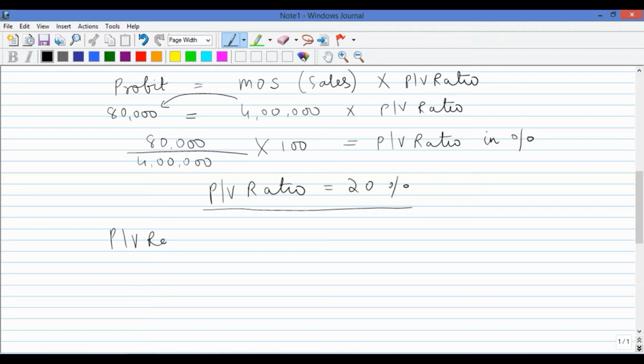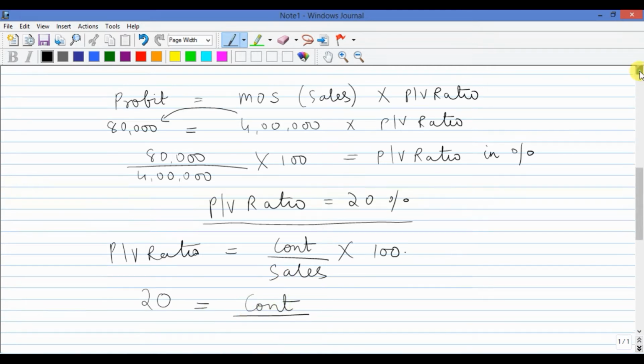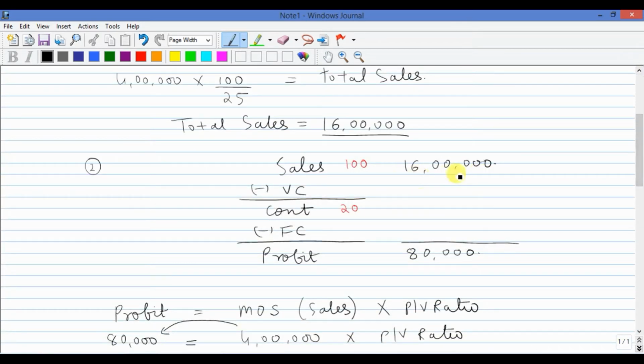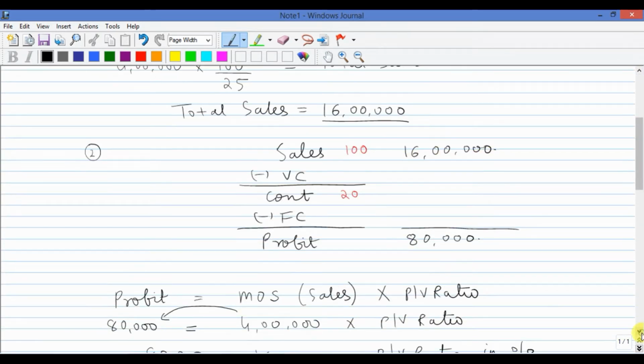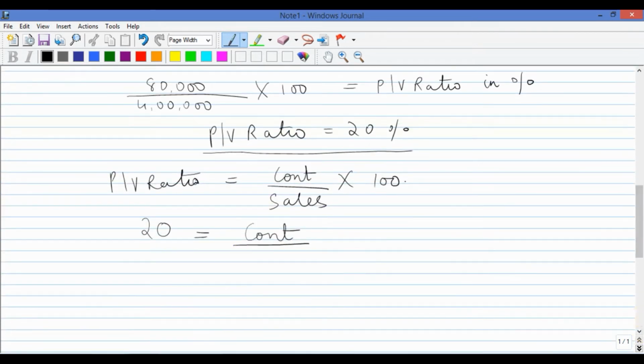PV ratio is nothing but contribution divided by the sales, and then we need to multiply by 100. PV ratio we have got, it is 20%, so here I am writing 20. Contribution I don't know. Sales I know, it is 16 lakhs, and then I'm going to multiply by 100.